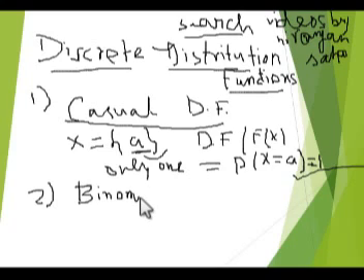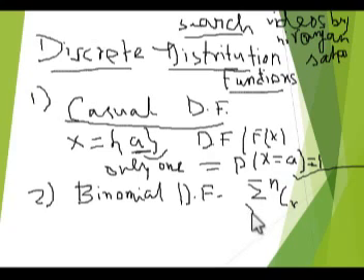If you remember what a binomial expansion is, the binomial expansion is actually written this way: the summation of nCr x^(n-r) y^r, where r goes from 0 to n. It is a binomial expansion of (x+y)^n. I am just giving you a memory of what a binomial expression is.